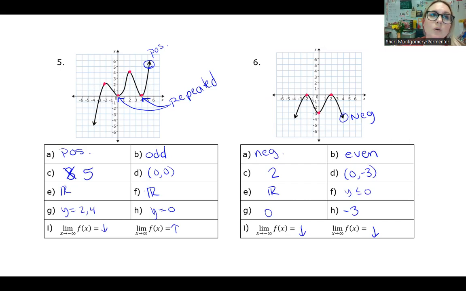Technically they could repeat 4 times, but it has to be an even number of times, so we'll keep it simple and say twice. Here, same thing. These are repeated. That happens 2 times and that happens 2 times. How many zeros do I really have? 4. That would really be a 4th degree polynomial, not a 2nd degree polynomial.